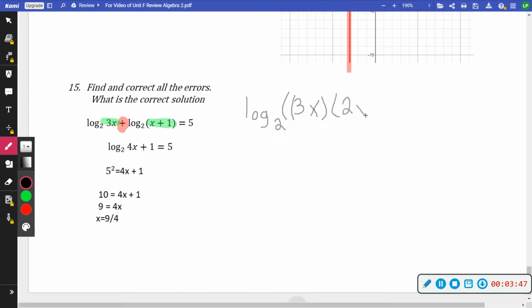And excuse my handwriting, I'm trying to type this. And so when I distribute, I take 3x times 2x, that would be 6x squared. And then 3x times 1 is 3x.